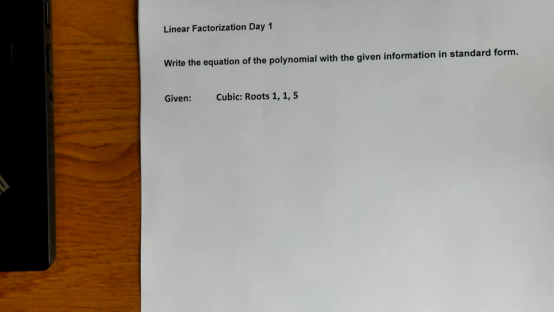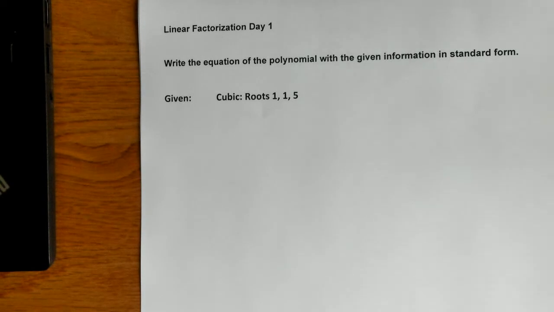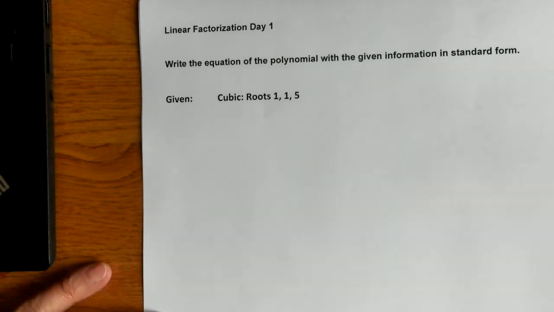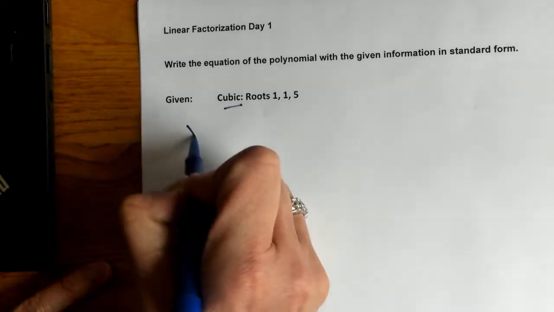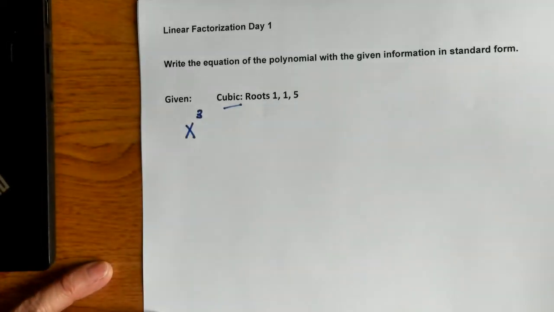This is called linear factorization, and what's happening here is I am going to give you the roots, the zeros, the x-intercepts, whatever you call them, and you're going to work backwards and write the equation. So, cubic. That means it's going to have an x to the power of 3 and should have 3 roots.